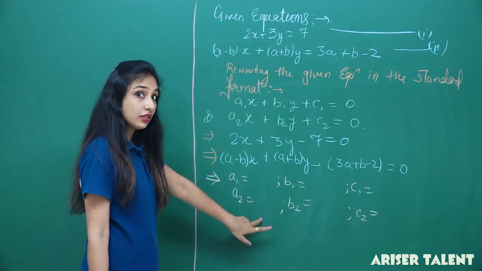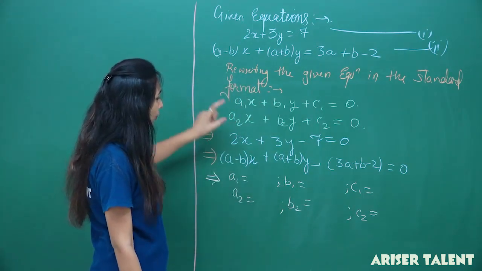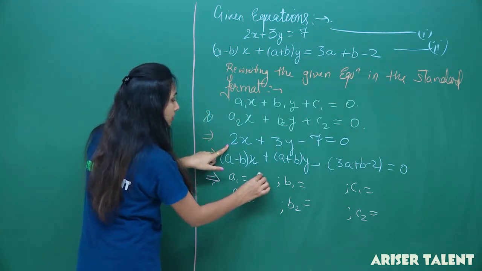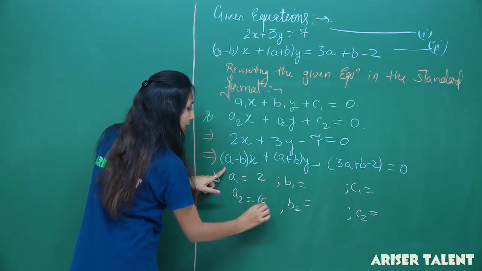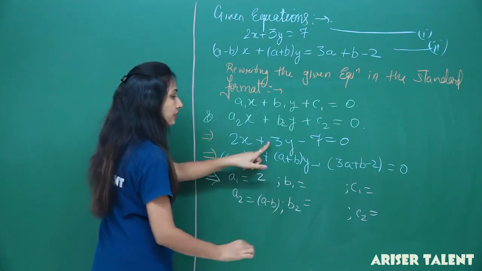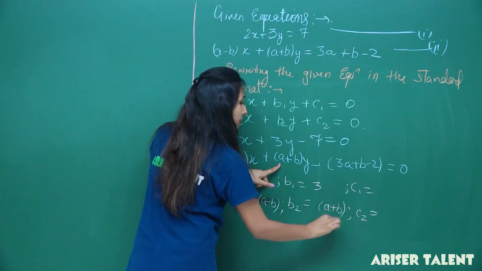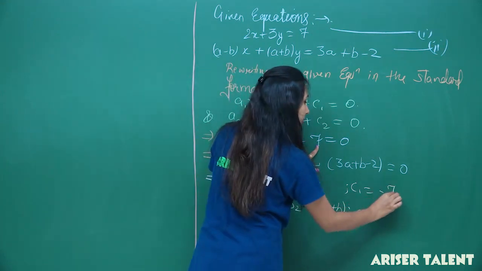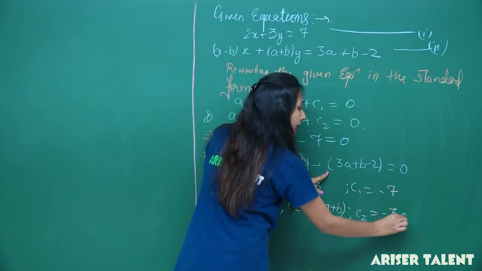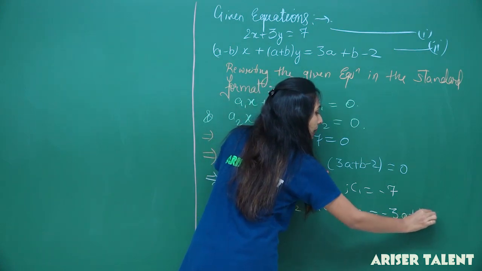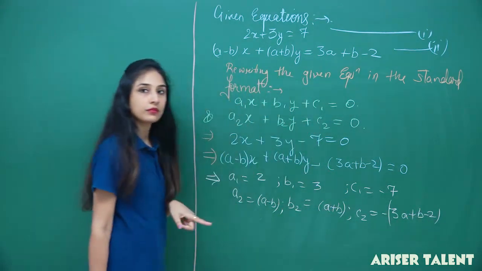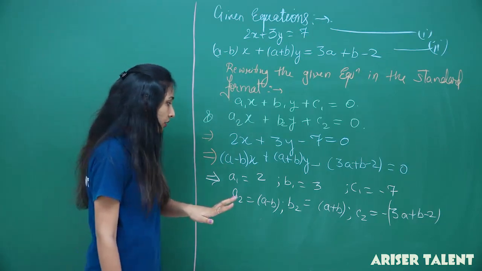What are the values here? The value of a1 is 2, a2 is a minus b, b1 is 3, b2 is a plus b, c1 is minus 7, and c2 is minus 3a minus b plus 2. Right?